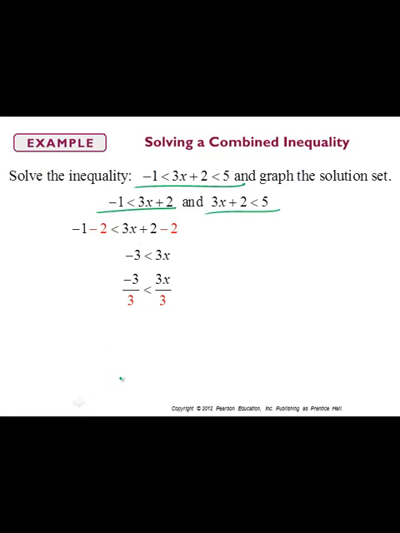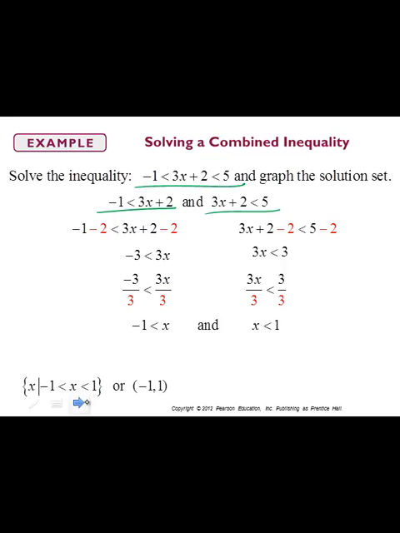On the left-hand side, we end up with x is greater than negative 1. And for the second inequality, you go through the same sequence of steps, essentially, to solve for x. And you see that x is less than 1. And you could put them together to say that x must be greater than negative 1, but less than 1. So here's your solution set.